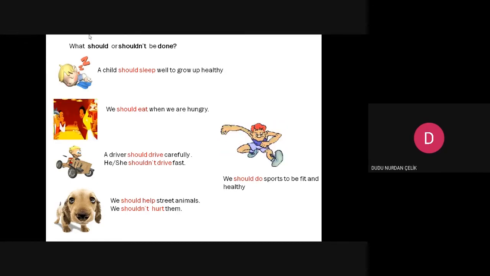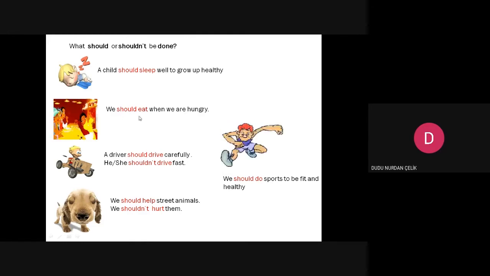So we can say a child should sleep well to grow up healthy. These people are hungry. We should eat when we are hungry. We need eating, so we should eat.